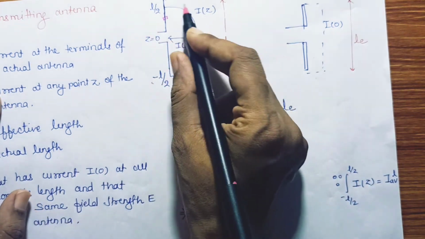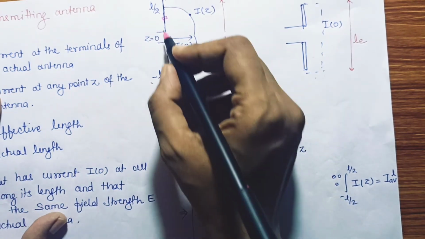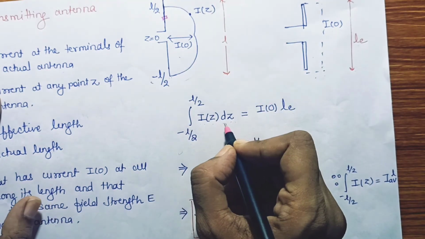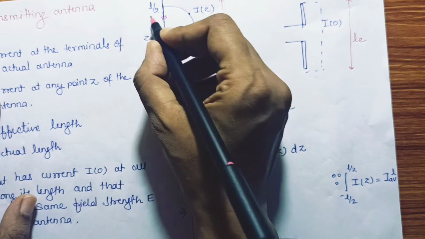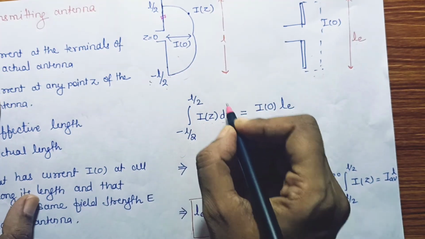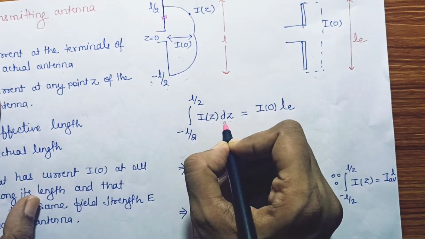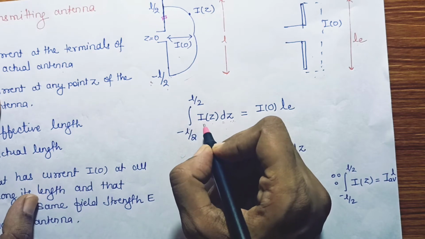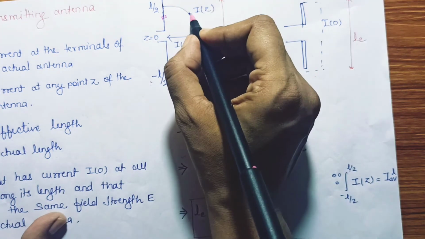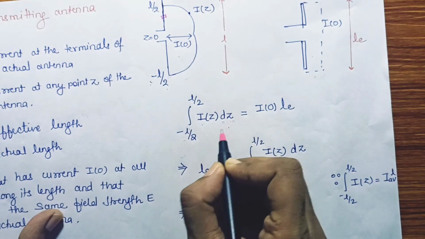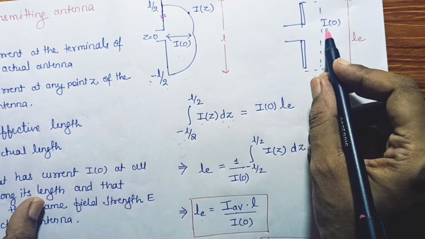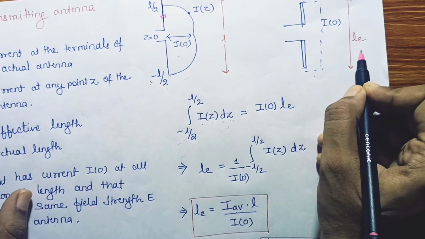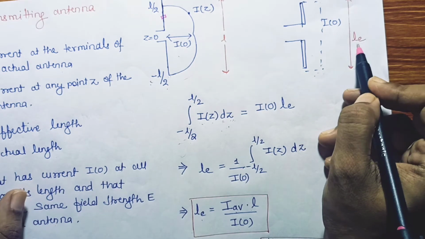Now we take the average of the current distributed along this length, so we are averaging from minus L by 2 to L by 2. Integrating the current Iz with respect to dz, we take the average of this current, which equals I0 into LE, since I0 is uniform throughout LE.